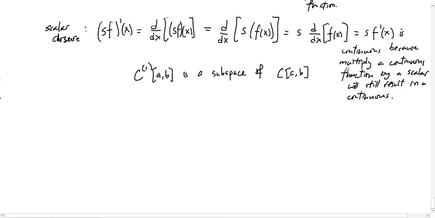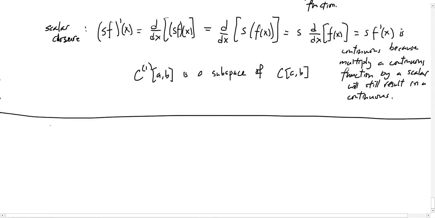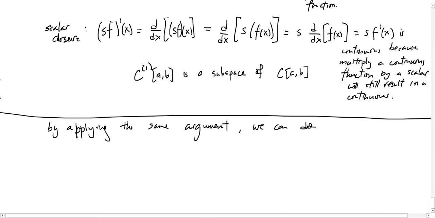By simply applying the same exact argument, we can define the following subspaces. So we start with our vector space, which is probably the biggest out of this list of vector spaces.